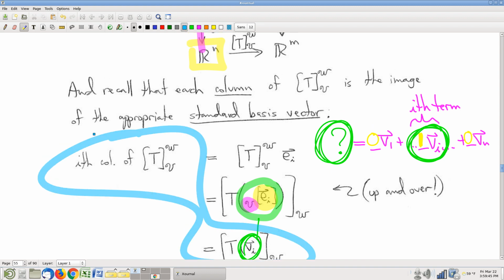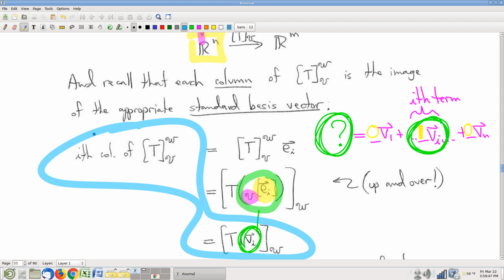If you would like to understand a matrix representing a linear transformation, we're going to understand it one column at a time. Each one of those columns we're going to compute by taking input basis vectors, doing the linear transformation to those input basis vectors, and then whatever comes out, we're going to write in W coordinates.